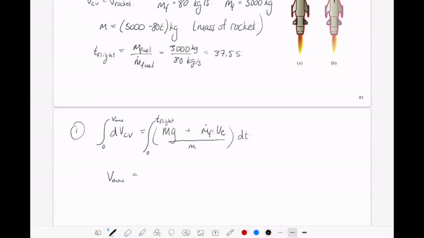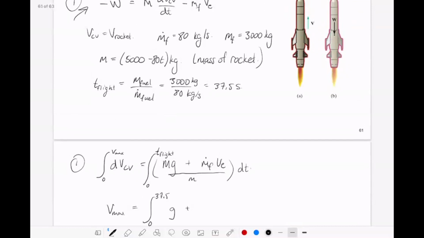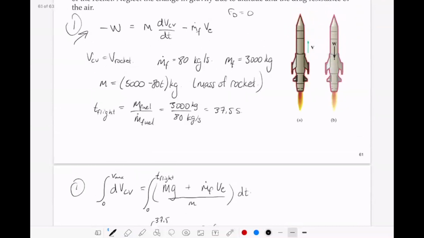And if we integrate, this is from 0 to 37.5 of our mass times our gravity. If I take the first term, this is just equal to g, and the second term becomes our mass flow rate, so that's 80 times our exhaust velocity of 1200 meters per second.